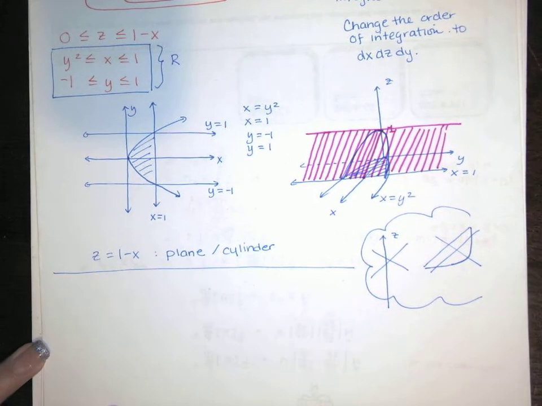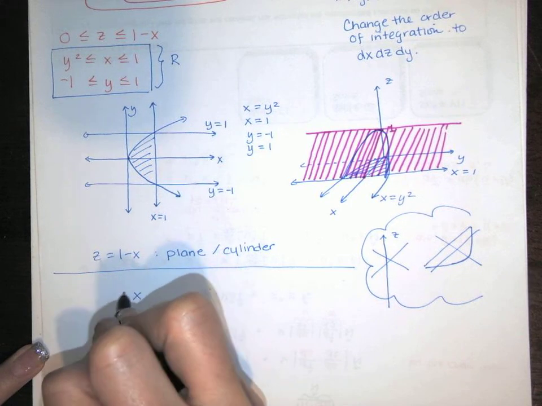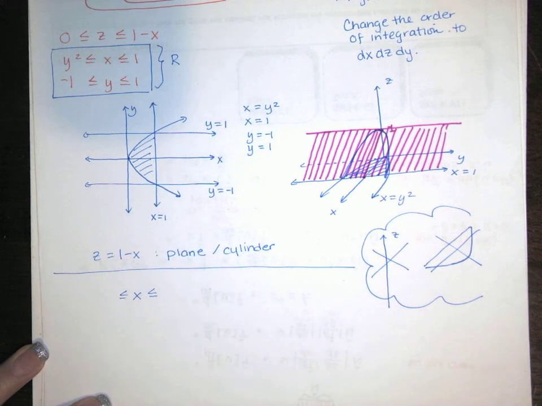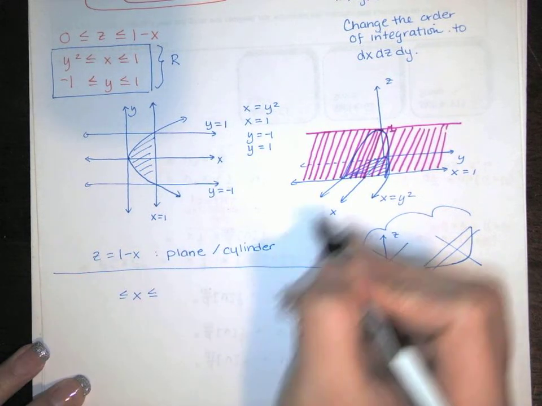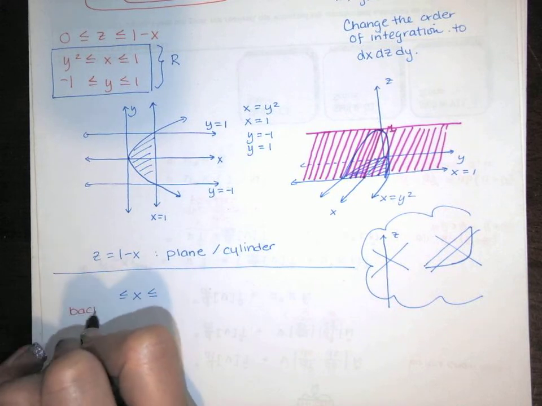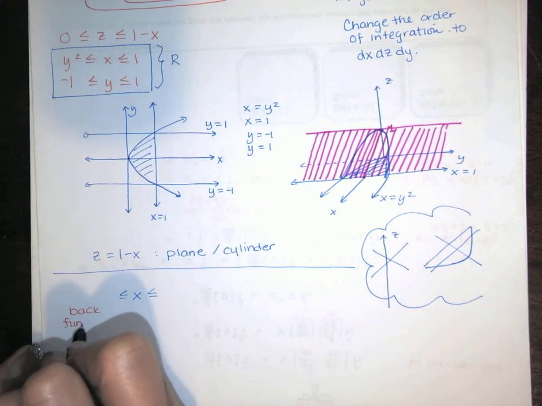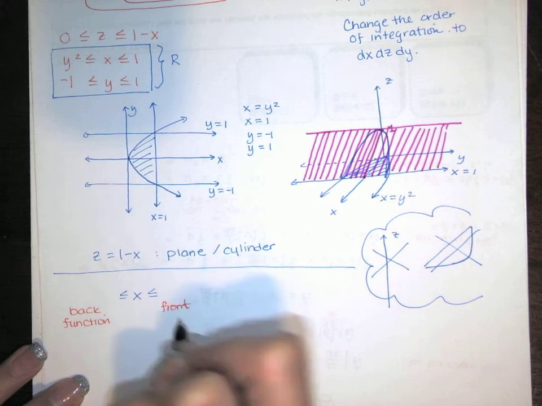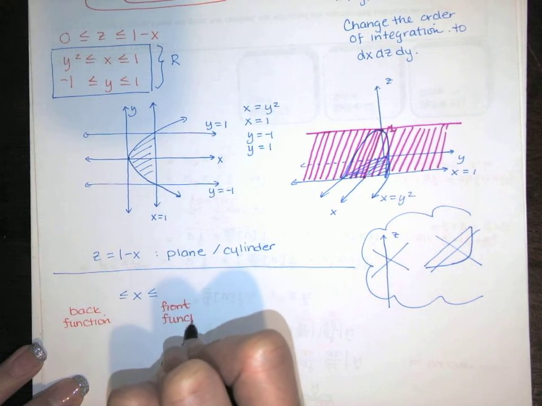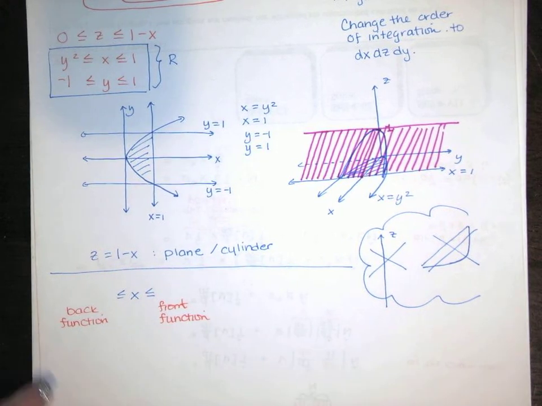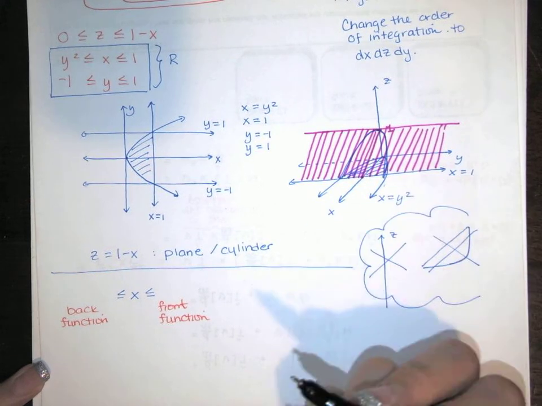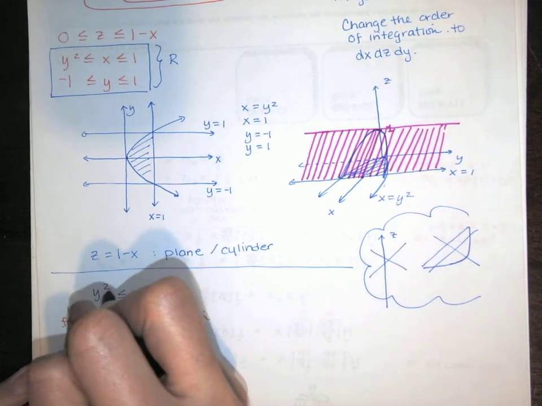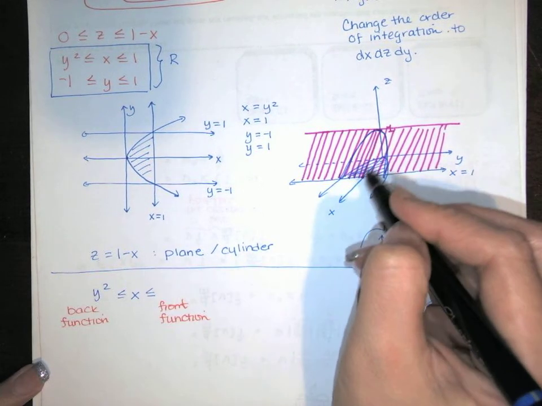So when I'm coming up with my bounds for x, this is the function that's farther in the back. So this is from the back function to the front function, just because of the way our coordinate system is oriented. And in the back, x is equal to y squared. In the front, we've got that plane.